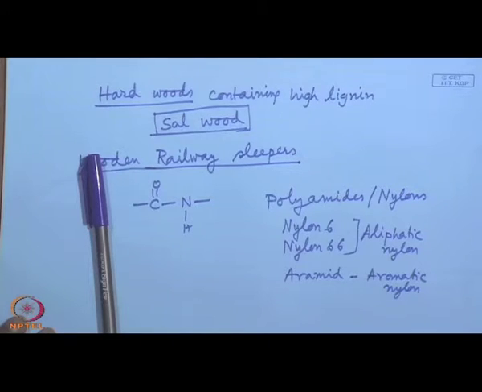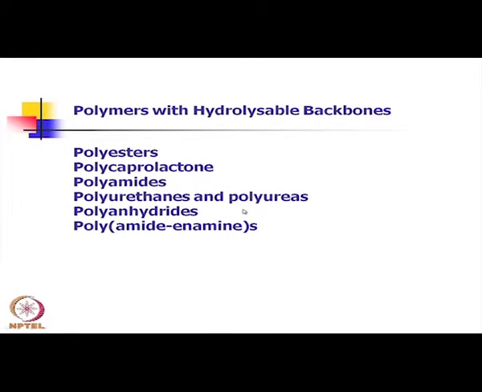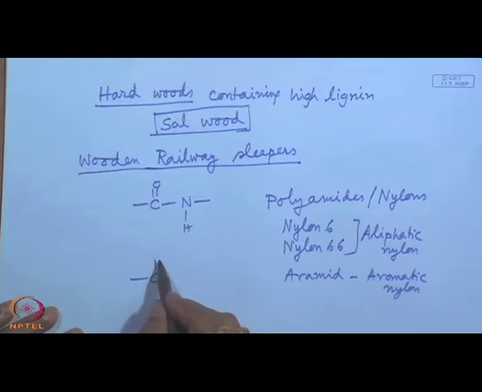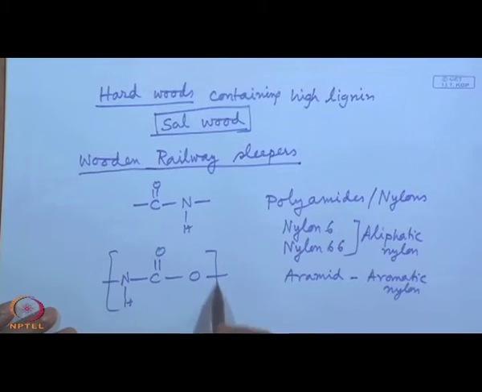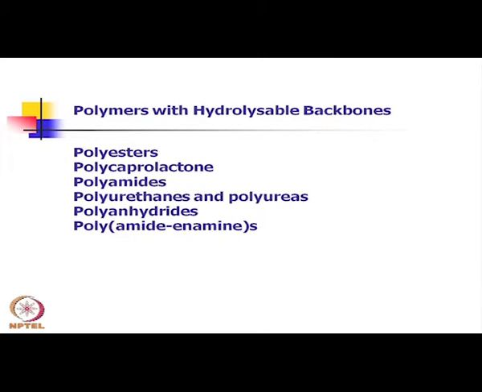Then polyurethanes and polyureas. Polyurethanes contain a linkage like this, this is the polyurethane linkage, having nitrogen, oxygen along with carbon and hydrogen in the polymer chain. Polyureas etc. Polyanhydrides, polyamide enamines, polyamide imides etc.